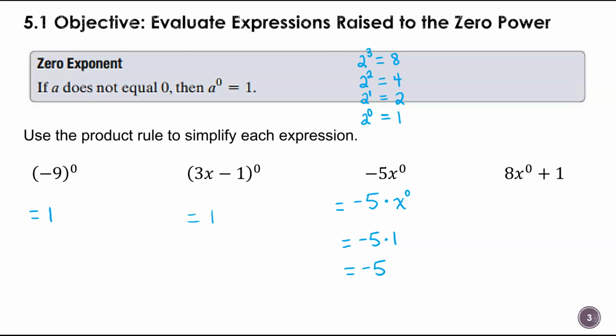Okay, on the next one, we're going to have 8 times 1, right, because x to the 0 is 1, plus 1. So this is simply 8 plus 1, and that gives us 9. So you can see they can get a little bit tricky. If you read -5x to the 0, we might not be thinking about that multiplication, and that the 0 exponent does not apply to the -5, and the 0 exponent does not apply to this 8.